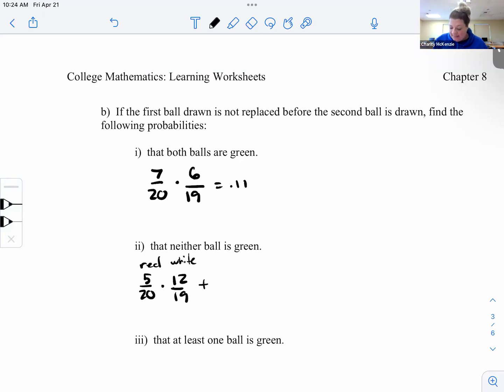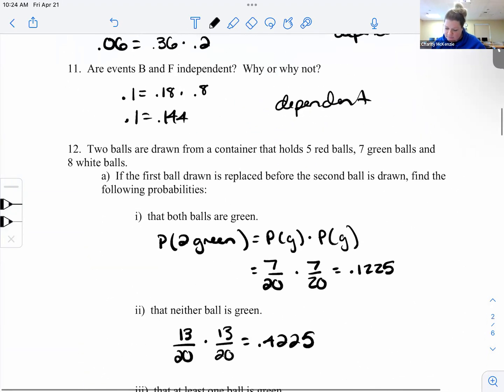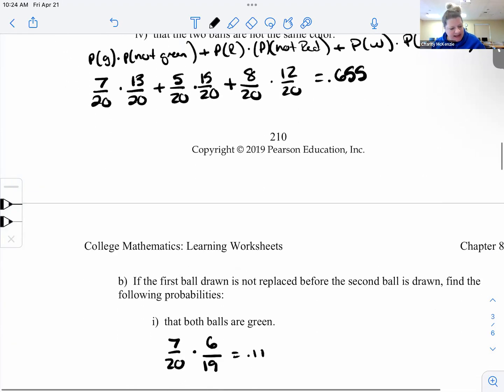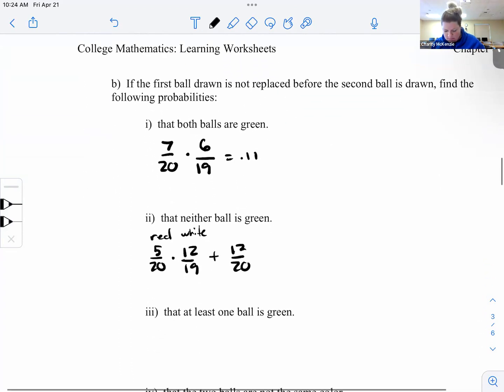We could reach in and get the white first. So it's the full 20, 12 out of 20 for that, right? Because there was 12 white. No, there's 8 white. I think I'm thinking of this one differently than they did.